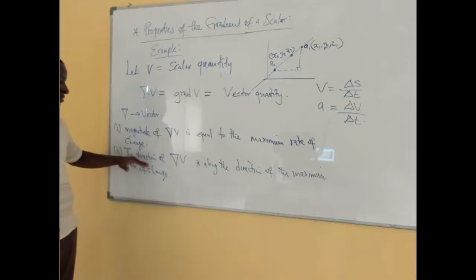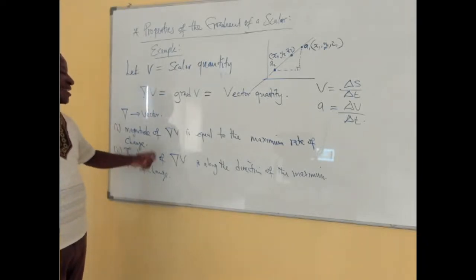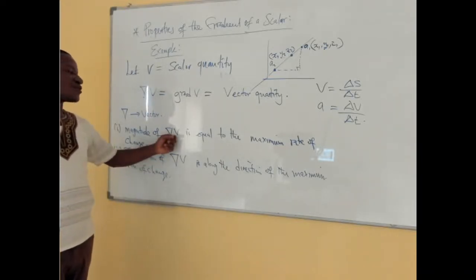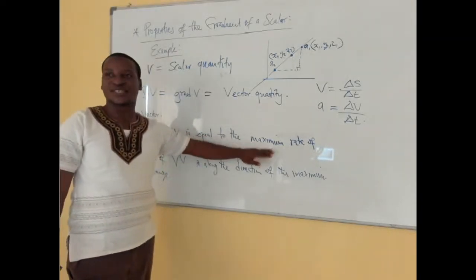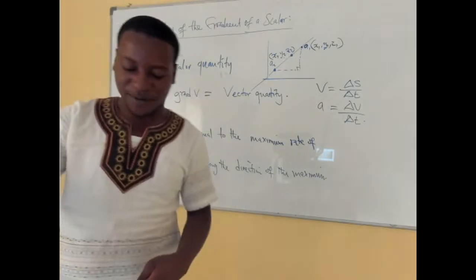So the second point is telling us that the direction of this gradient is along the same rate of change of the function that we have been given.